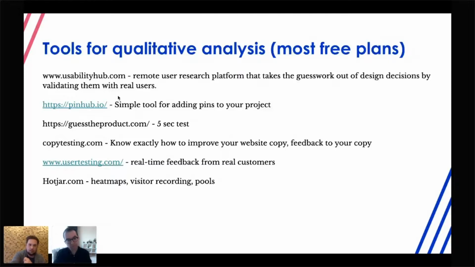So usabilityhub.com, you can just remotely do user research. You also have Guess the Product, which works on a 5 second test. After 5 seconds, you know how your customers understood your product, your landing page, and a few other sources that I recommend going through.